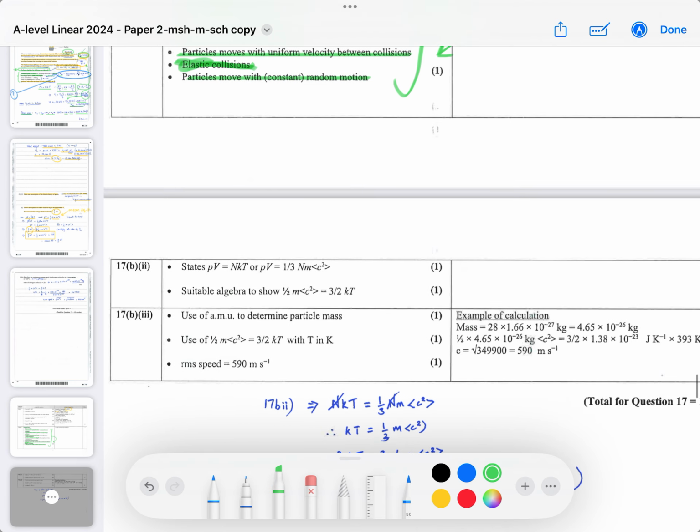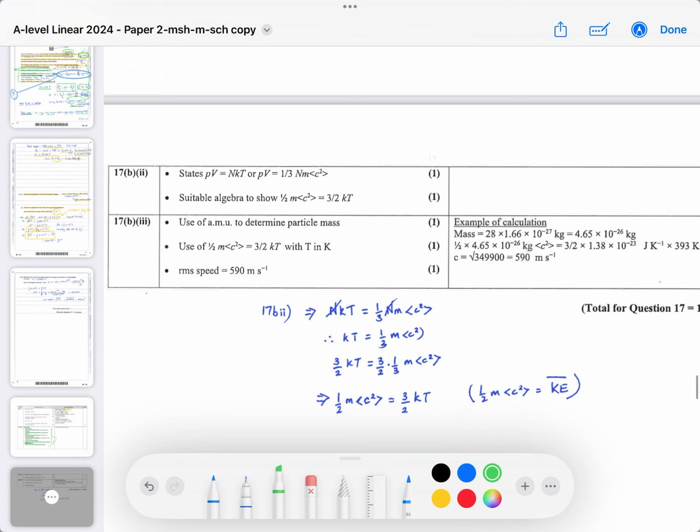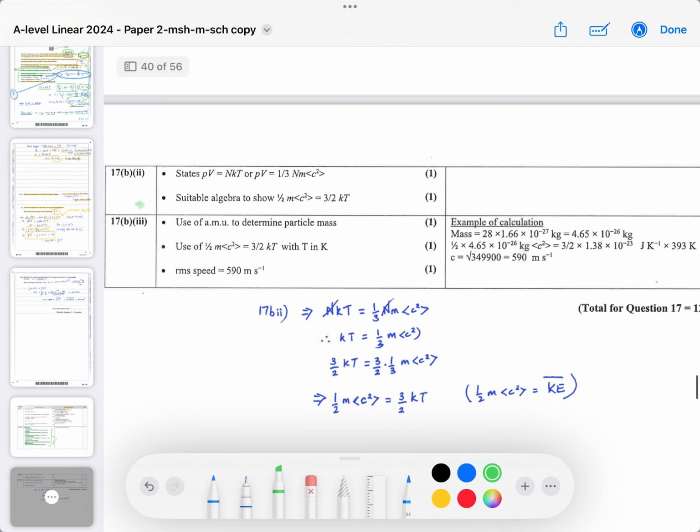Okay, so I think we got one bit of the question left to do. I think this is the bit that I showed you before. And we just got one part left. I think we haven't done 17, B3, this bit.